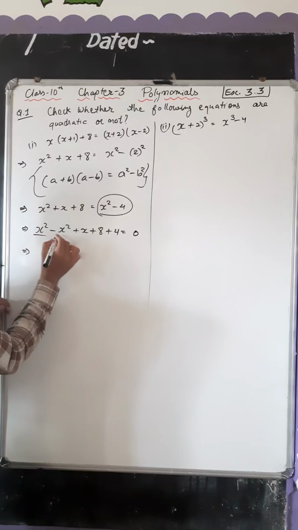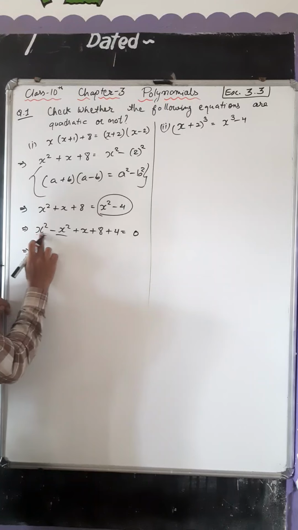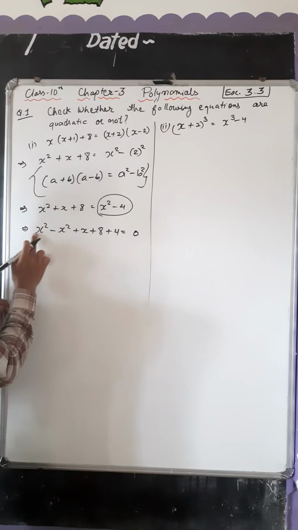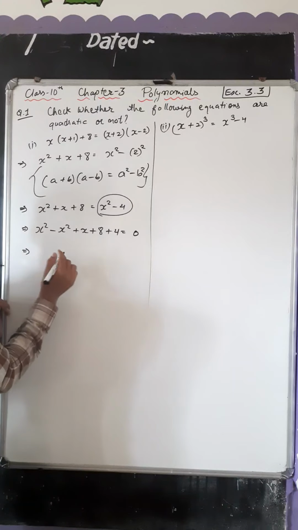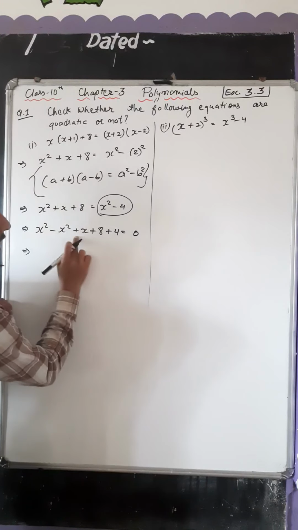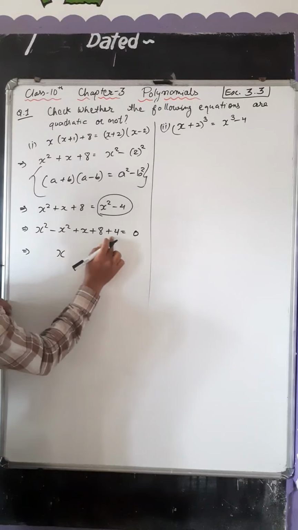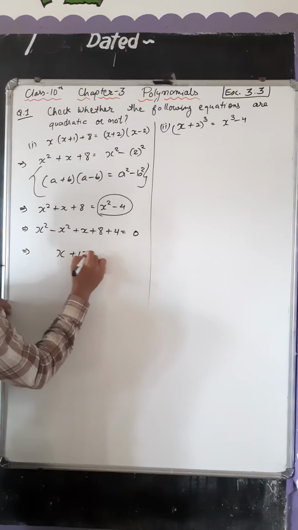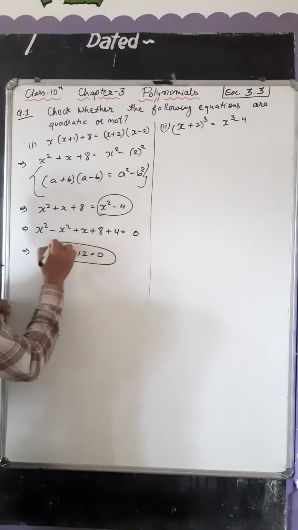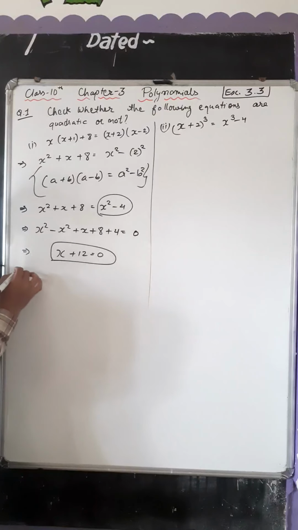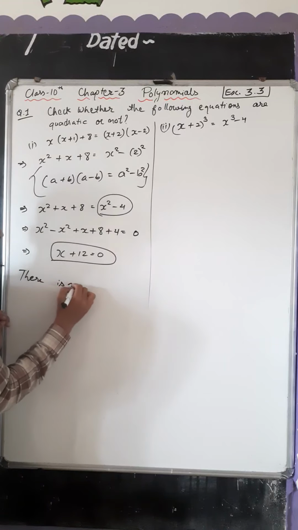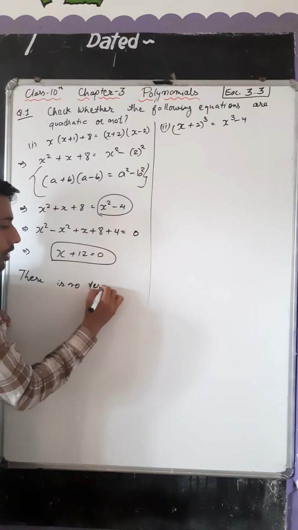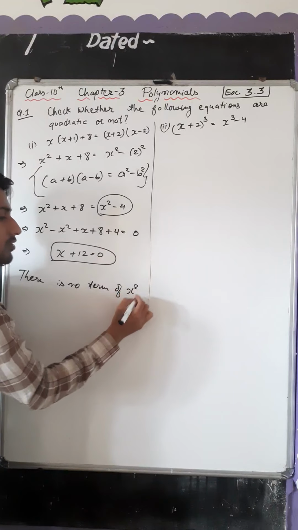Now x square minus x square will become 0. So this term is 0. Only remaining is this x. 8 plus 4 is 12 equals to 0. In this equation, there is no term of x square.